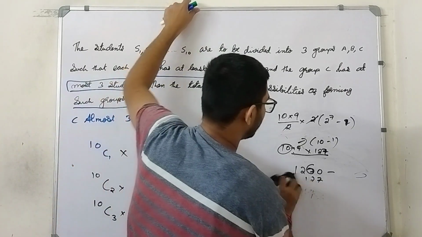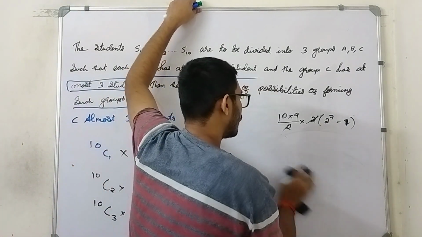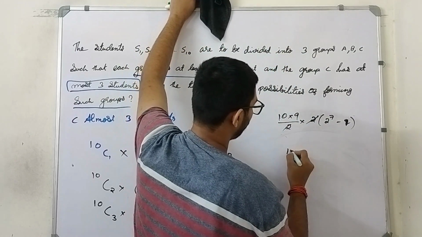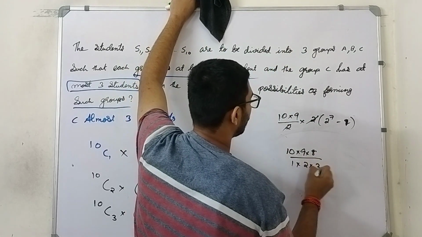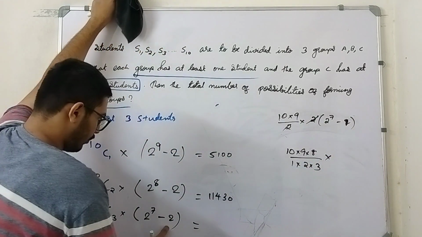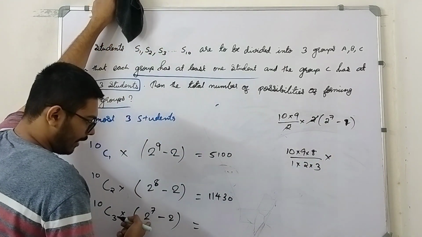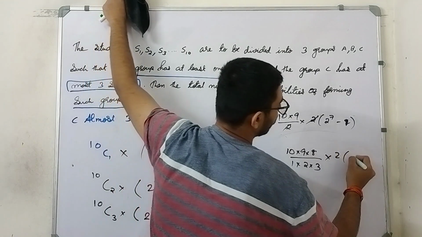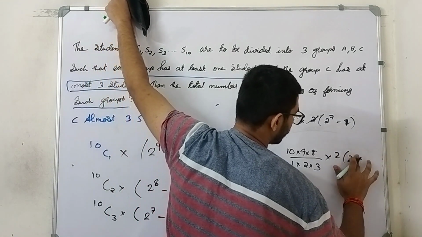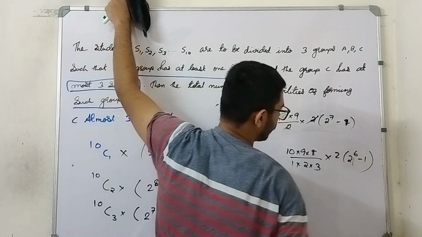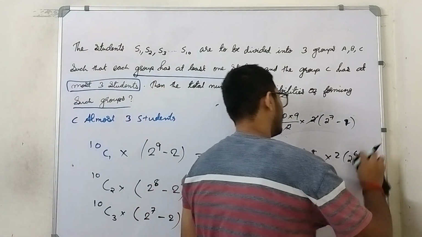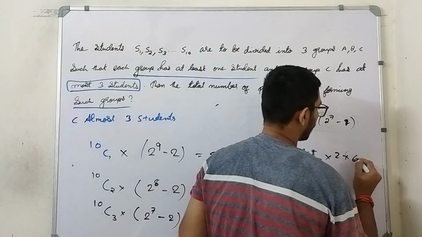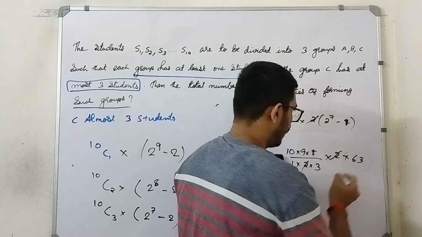It is 10C3. 10C3 means 10 into 9 into 8 divided by 1 into 2 into 3, into 2 raised to 7 minus 1. So I am taking 2 outside: 2 into 2 raised to 6 minus 1. So 2 raised to 6 is 64, and 64 minus 1 is 63. This value is 63. I am cancelling 2 and 2, and 3 and 3.